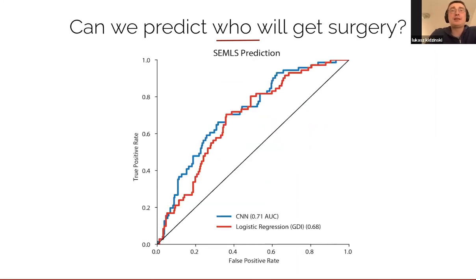And the next model that we had was for predicting the likelihood of getting a surgery. And here again, the CNN model predicted the surgery a little bit better than the basic model based on just the GDI metric. By the surgery event, I mean not only the prescription of the surgery, but we were predicting if the patient actually got a surgery after the current visit.